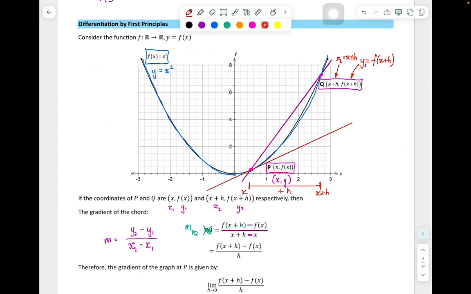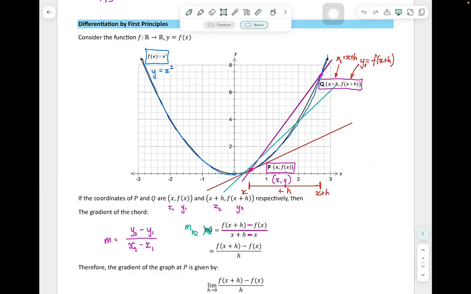If I want this pink line to get closer to this red line, what happens if I move these 2 points closer? If I move this point Q closer to, let's say, around here, then we can see that our line is getting closer to the red line.